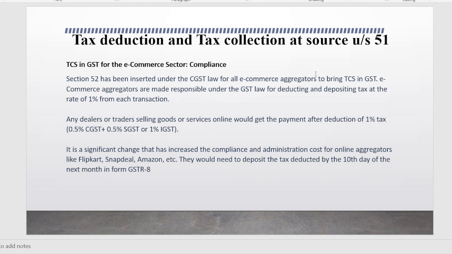So whenever they collect the dues from the customer, and when they pay that amount to the suppliers who supplied the goods through their electronic platform to the consumers, they will deduct 1% TCS. ओके, जैसे कि फ्लिपकार्ट, स्नैपडील वगैरह, और वो लोग 1% डिडक्ट करके उनको 10 तारीख के अंदर, नेक्स्ट मंथ के 10 तारीख तक उसको पे डिपॉजिट करना है GSTR 8 फॉर्म में.